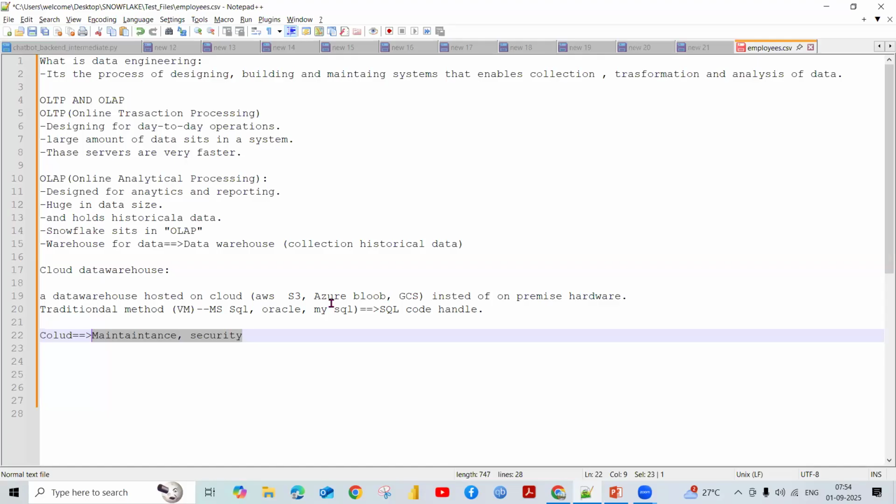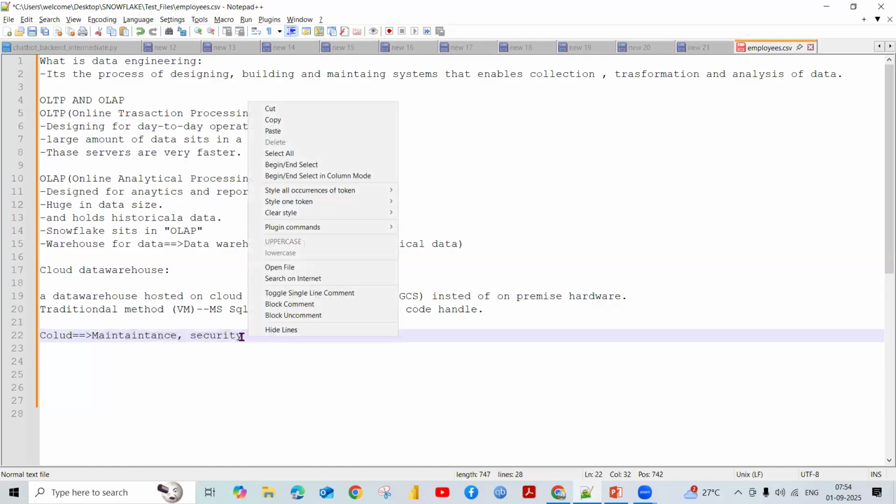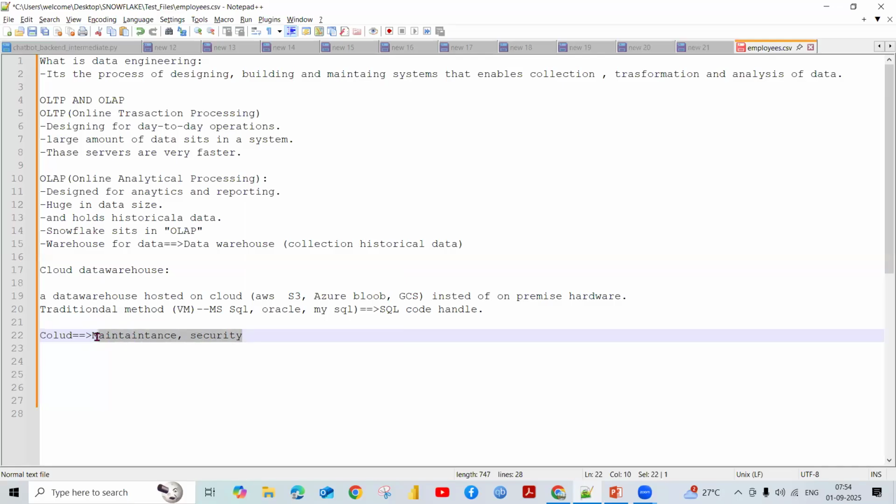You do not need separate infrastructure to build your virtual machine and everything. Those things are reduced when your data is managed by cloud. That's why many companies are transforming their traditional warehouse method to the cloud method. This is one of the reasons for that.